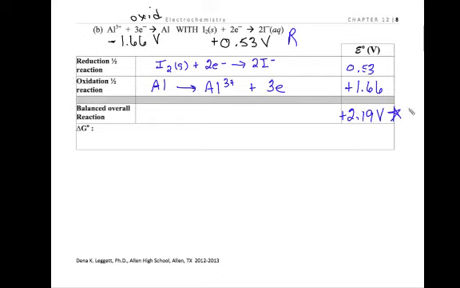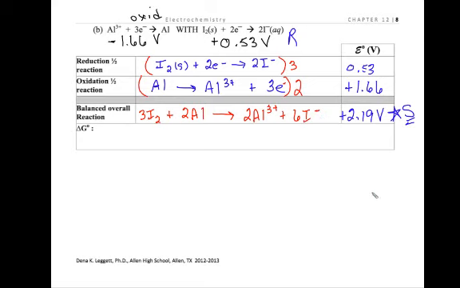Indeed, it is a spontaneous situation. We want to balance this, so we would have to multiply this by 3 and the aluminum by 2. And so our balanced overall reaction would be 3 iodines plus 2 aluminums. The electrons cancel. We set those up to cancel. That will give us 2 aluminum ion plus 6 iodide ions.